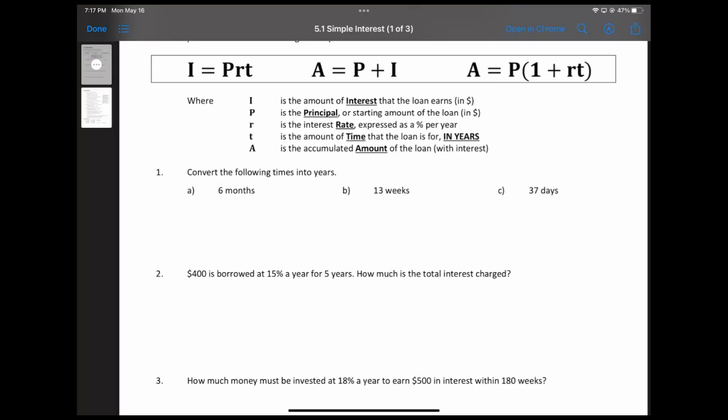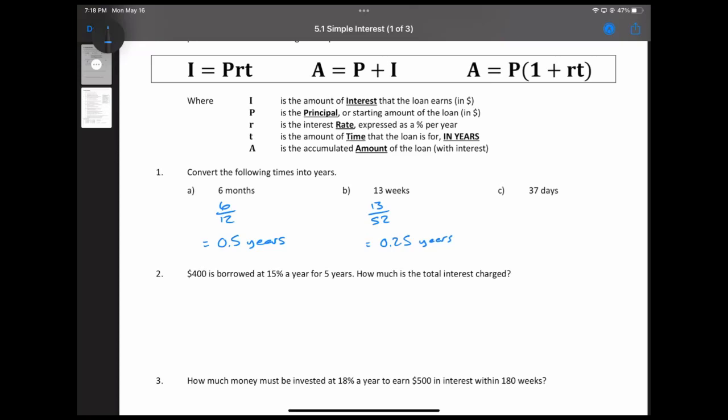Really what we can do on the first one is just say, okay, 6 months. There are 12 months in a year, so 6 over 12 equals 0.5 years. Similarly, 13 weeks. There are 52 weeks in a year, so 13 out of 52 equals 0.25 years.